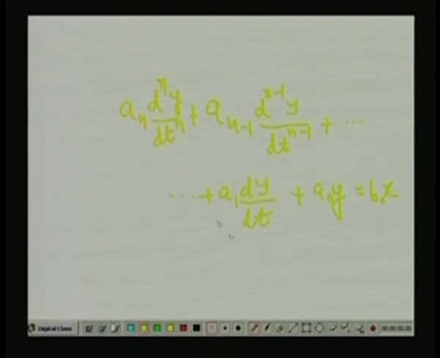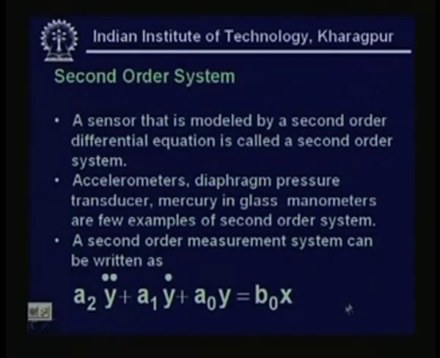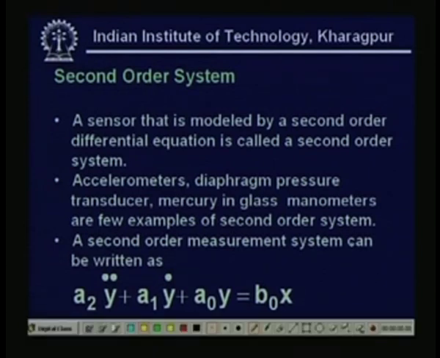Now, if I put n equal to 2, we will get 3 terms: A2 y double dot plus A1 y dot plus A naught y equal to B naught x. As all of us know, y double dot is nothing but d square y by dt square. Similarly, y dot is equal to dy by dt.